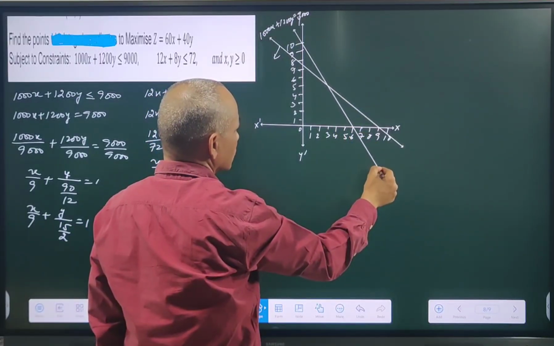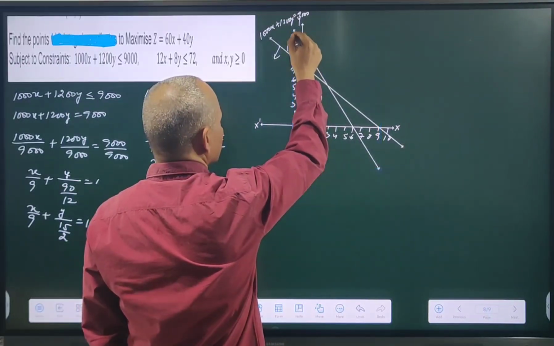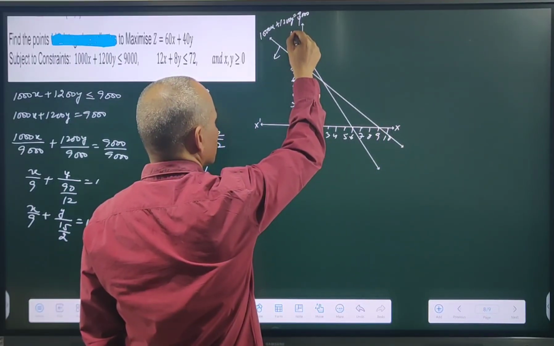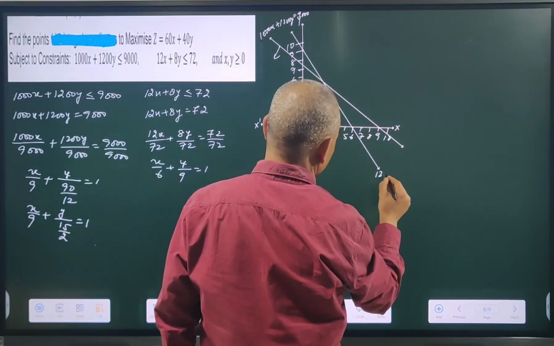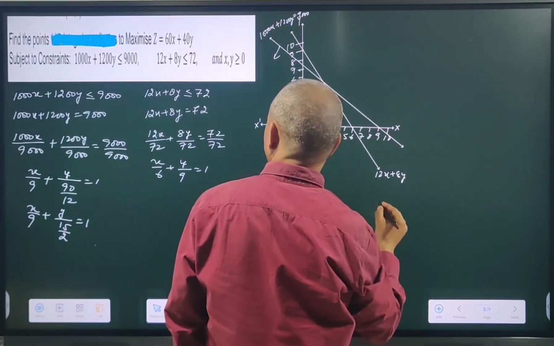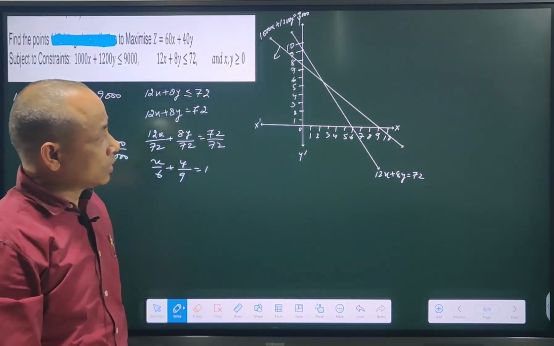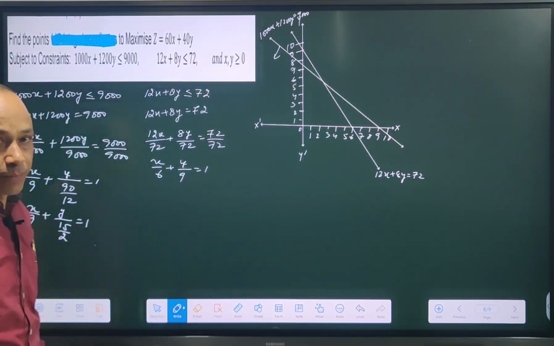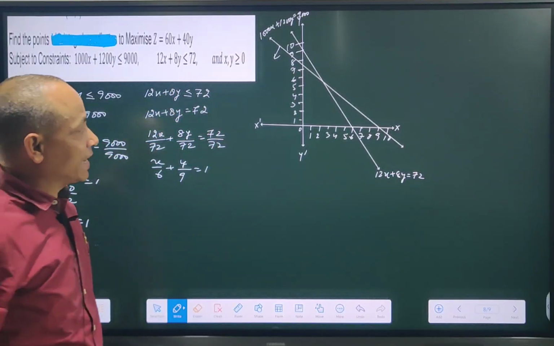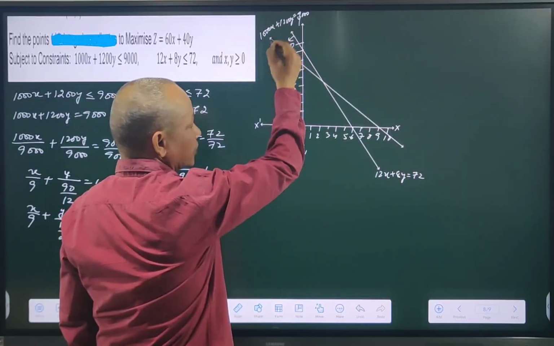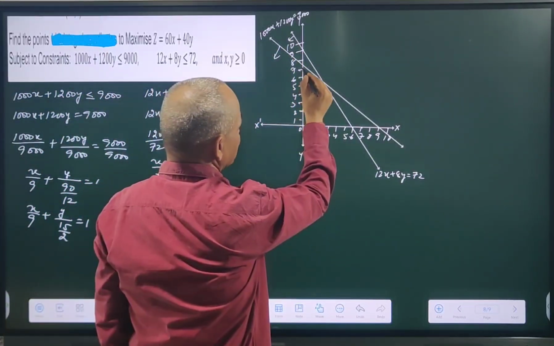On x, it will be 6, and on y, it will be 9. Write the corresponding equation: 12x plus 8y is equal to 72. Now check the region represented by this inequality. Put the origin here: 0 is less than 72. Yes. So the region towards the origin is to be shaded, and this is the first quadrant. So what is the feasible region?